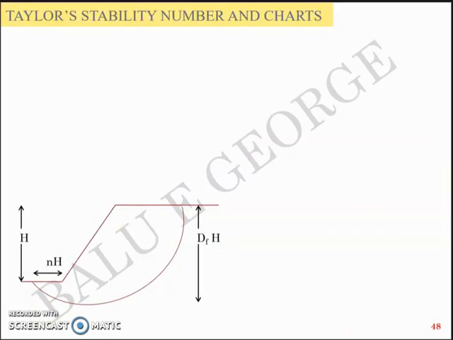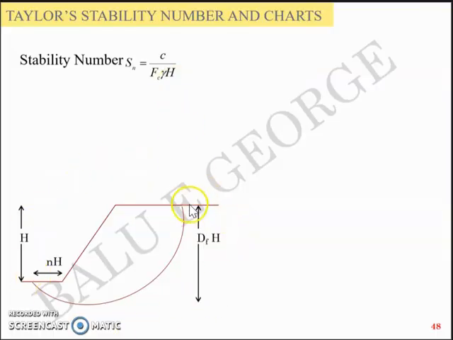The next method is Taylor's stability number and charts. A stability number defined by Taylor is Sn equal to C by Fc, factor of safety for cohesion, multiplied by gamma, unit weight, and h, the slope height.